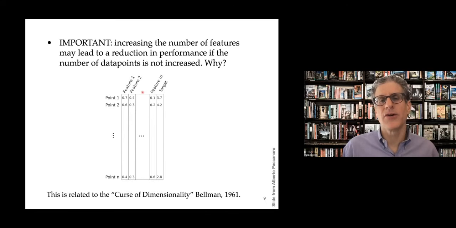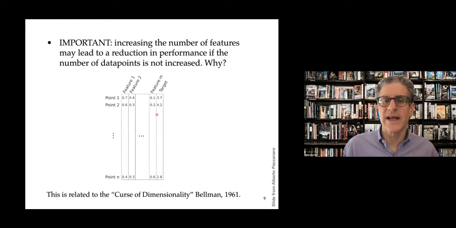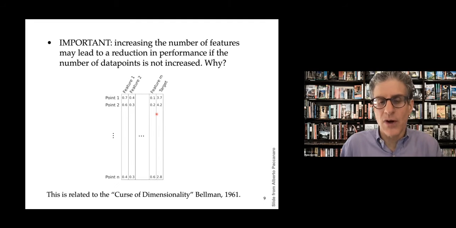A related notion to overfitting, but not quite the same thing, is when you have many features in a data set. You have a certain number of points, but a progressively larger number of features. As you increase the number of features, you might think you know more about the data points, so you should be doing better, but you actually tend to do worse. This is related to a different issue, the curse of dimensionality.